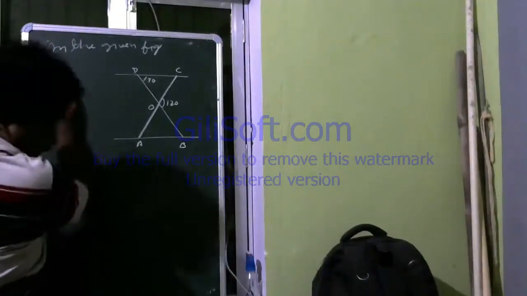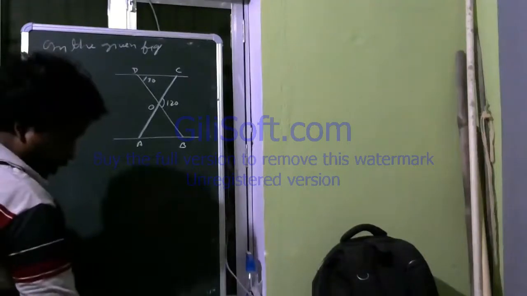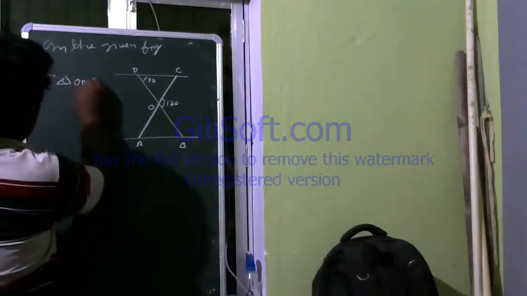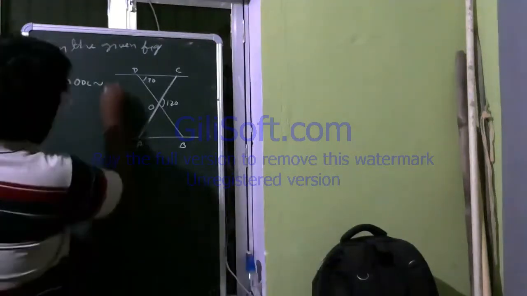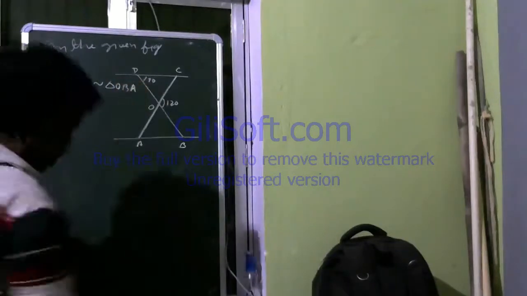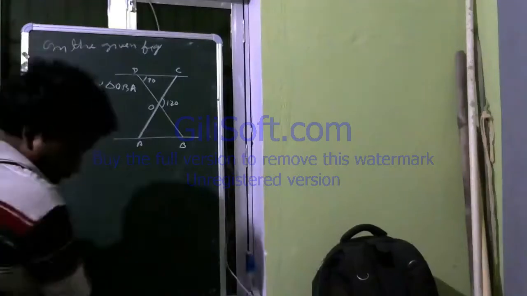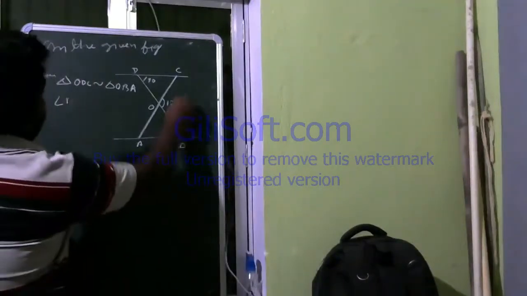triangle ODC similar to triangle OBA, and angle B, it is 125.